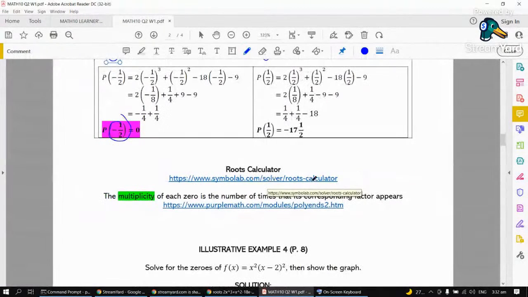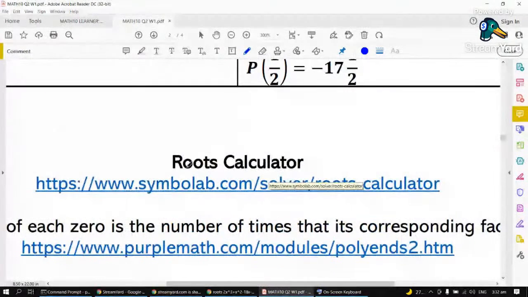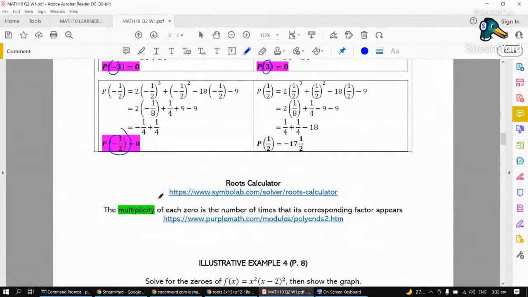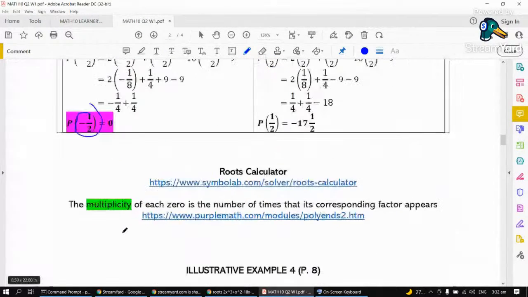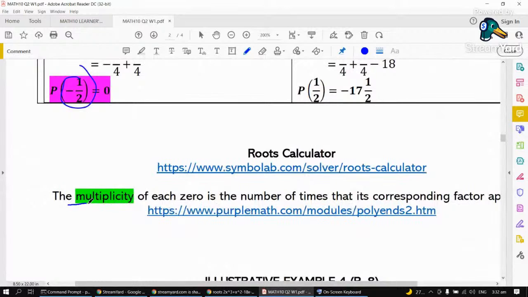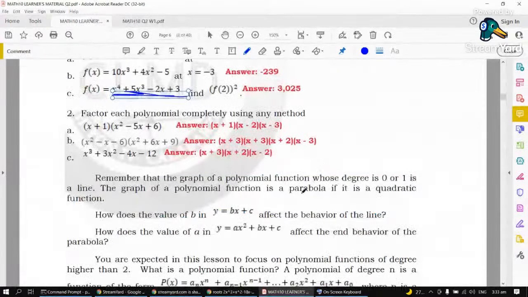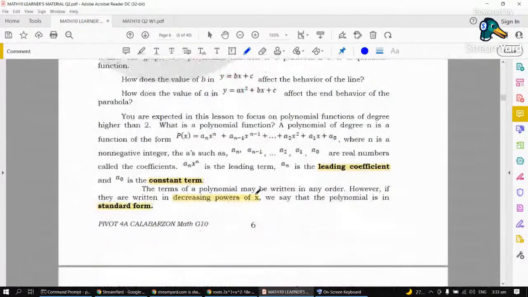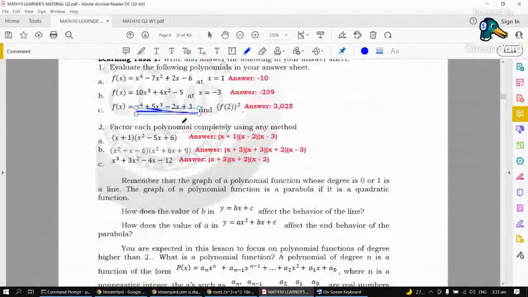Yan. The roots calculator. Pang-compute ng roots. Then meron din diniscuss dito yung about multiplicity. By the way, tapos na tayo doon, no?